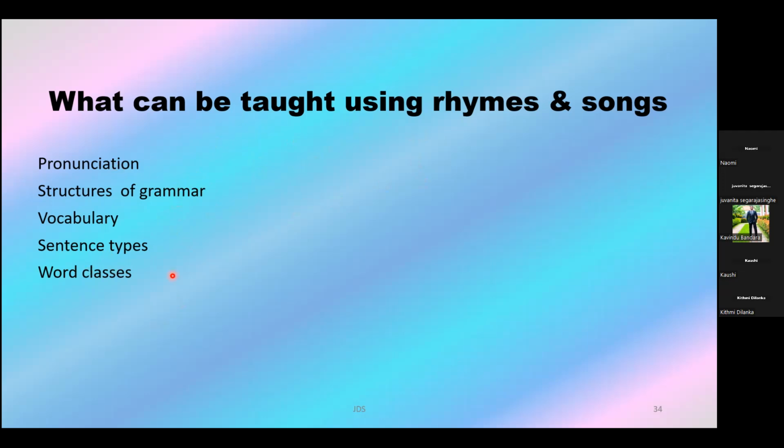Brainstorm and tell me if there are any other things that can be added to this list, any other issues that can be taught. We can teach them blendings, beginning blends and ending blends, consonant and vowel classes also through songs.